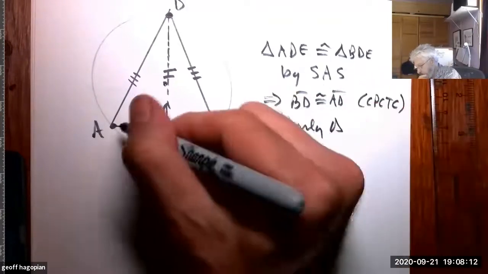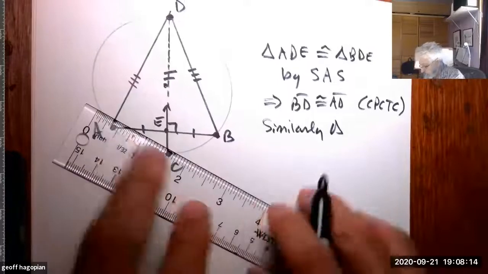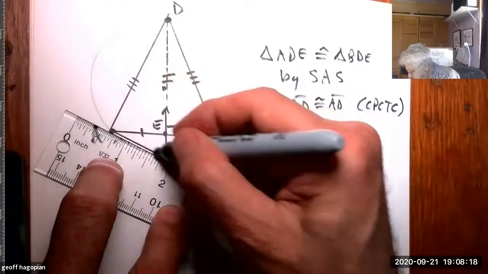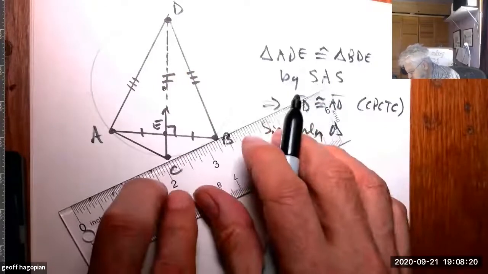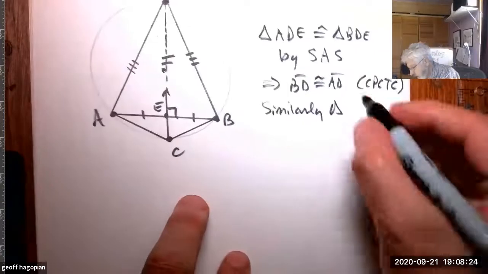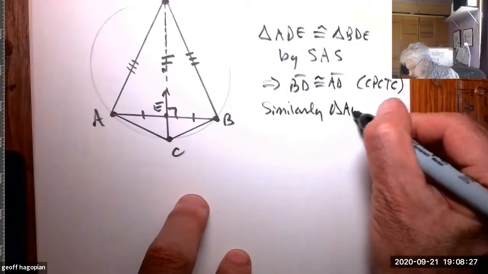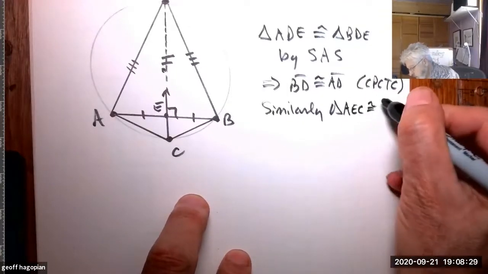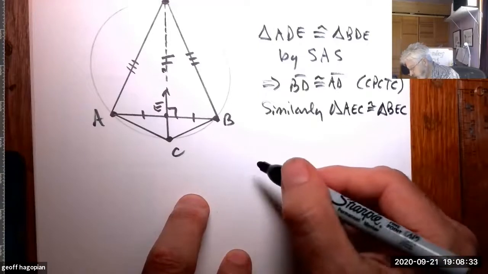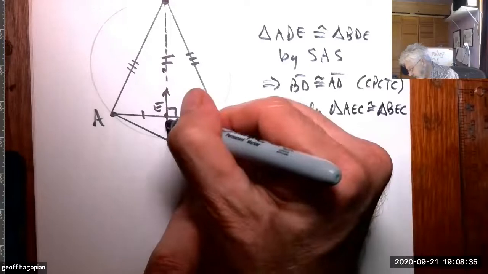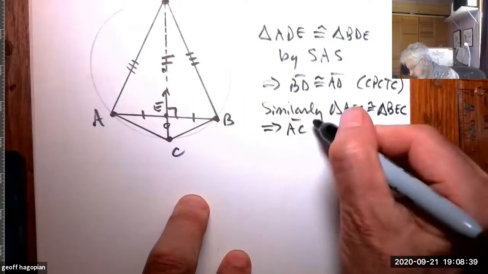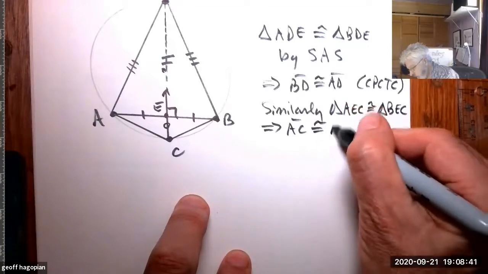Let's try to complete these here. Triangle AEC is congruent to triangle BEC, because this thing is congruent to itself, which implies that AC is congruent to BC.